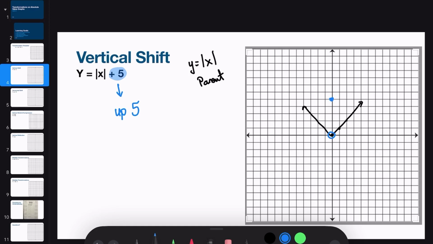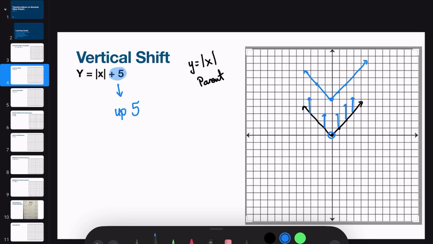And then we haven't done anything else to it, so all that it does is moves that graph up 5 units, every point on that graph up 5 units. So I've taken it and just shifted it up 5.